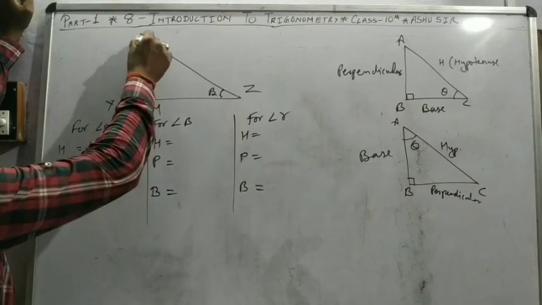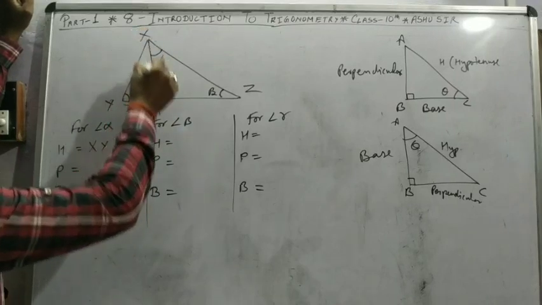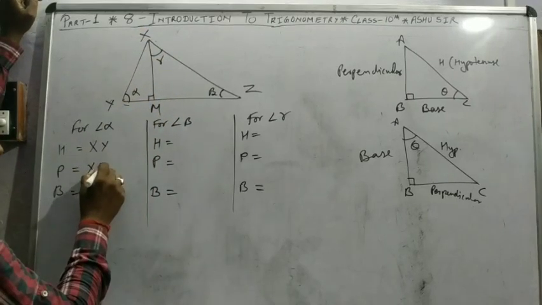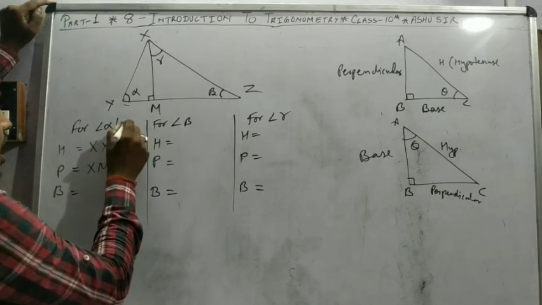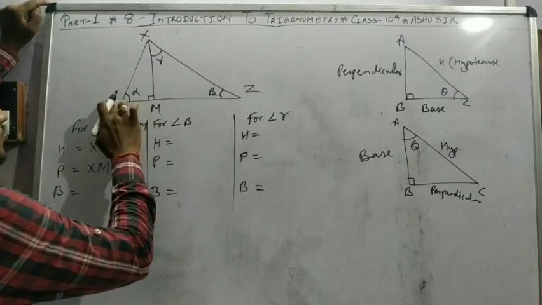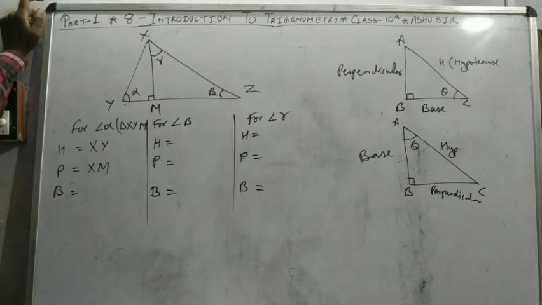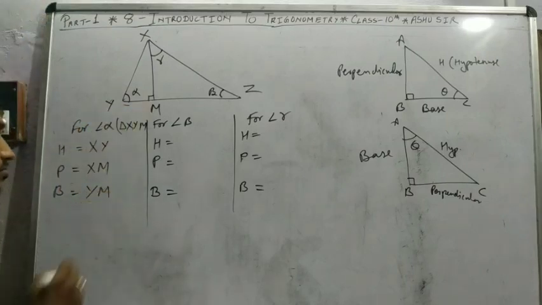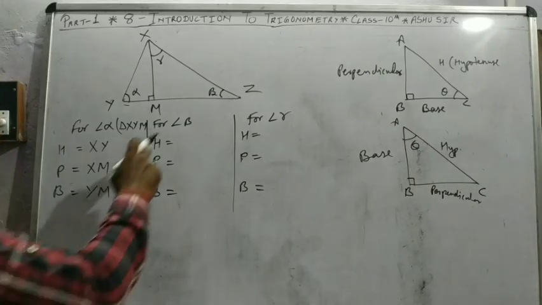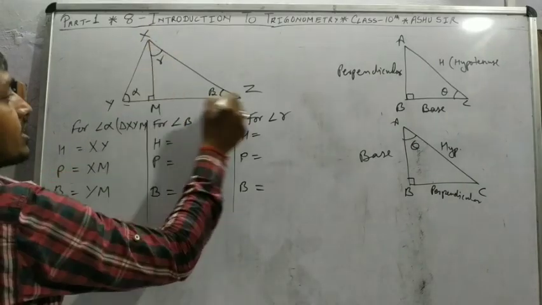The side opposite the angle is XM. Angle alpha in triangle XYM. Base is the remaining side, that is YM. Okay. Angle beta in triangle XMZ.